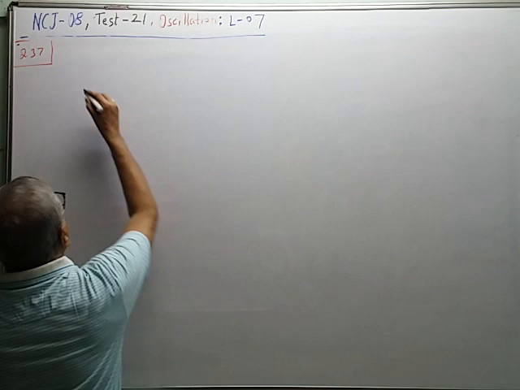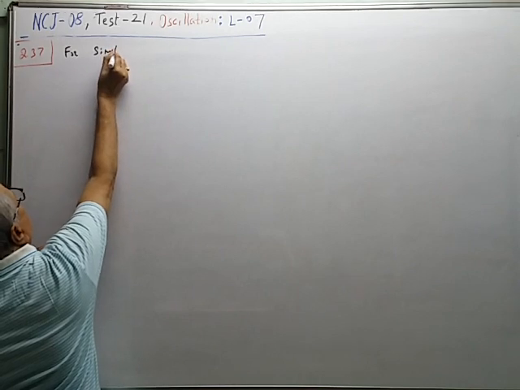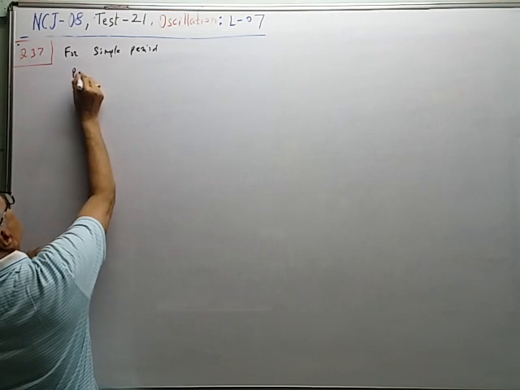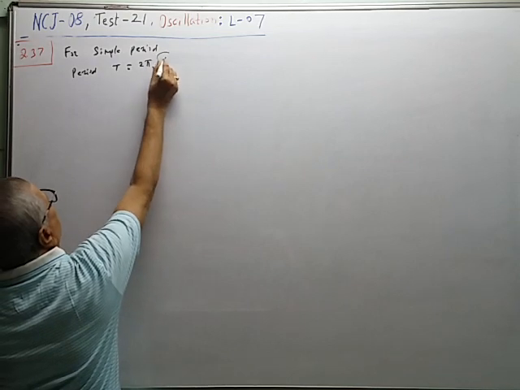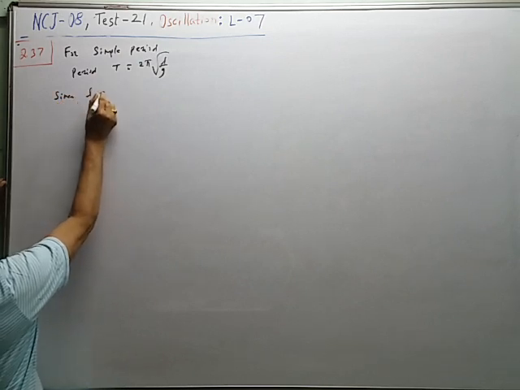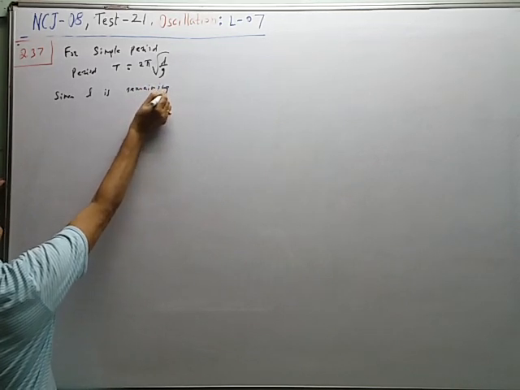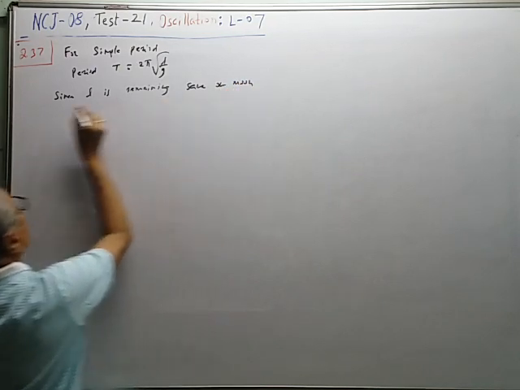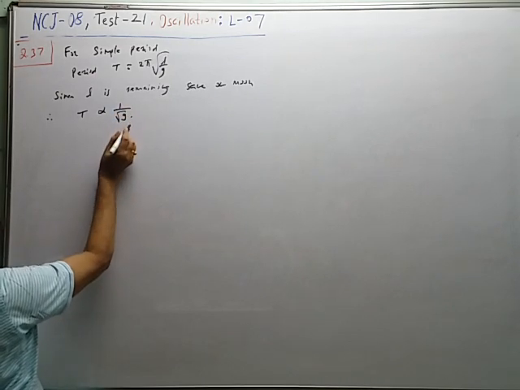So for simple pendulum, period capital T is equal to 2 pi multiplied by under root L by g. Since L is remaining same on moon, therefore period capital T is inversely proportional to square root of g.